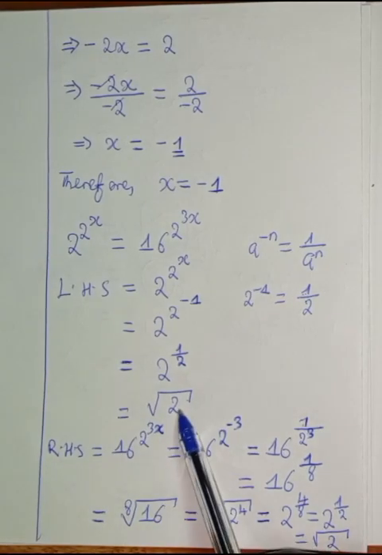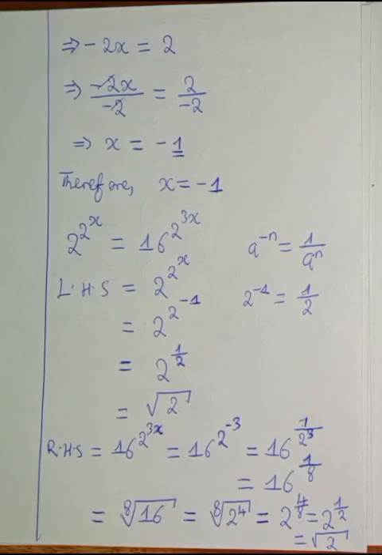You'll see that the left hand side and the right hand side are the same when we replace x with negative 1. Therefore, negative 1 is the correct answer. Thank you very much for watching.